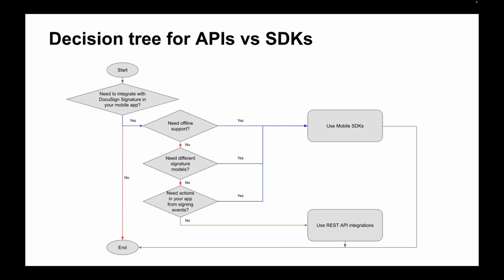And as I mentioned in the previous slide, if you have to handle events for embedded signing, we take care of all that, handle the events, and keep them up to date. So in that case, you can choose our SDKs as well. These are the various decision paths where you can choose SDKs over REST APIs.